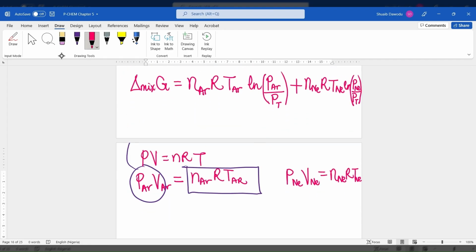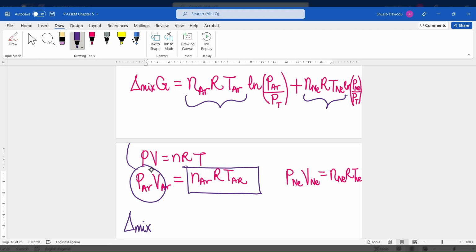So for this question, we can rewrite our formula for the Gibbs energy of mixing by substituting PV into this part of the information for argon, and then substituting the PV of neon into this information as well.